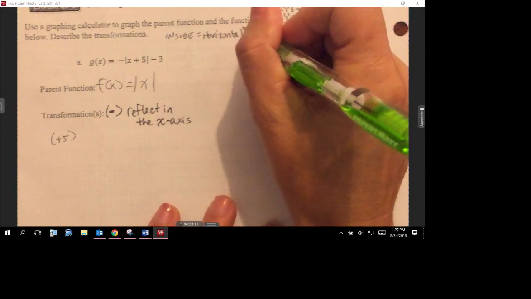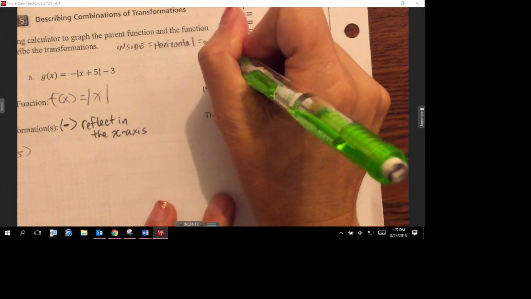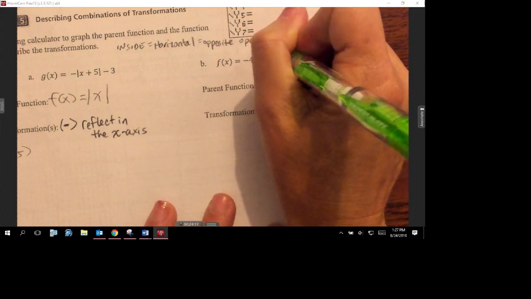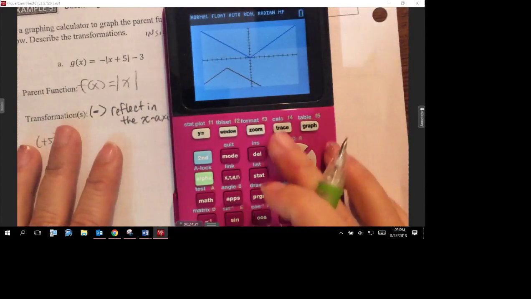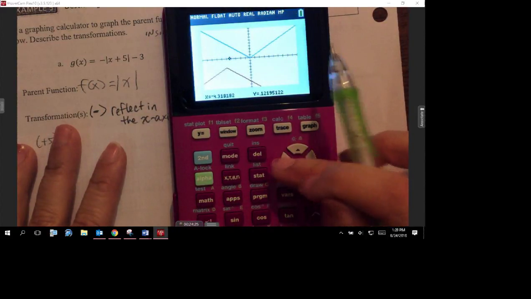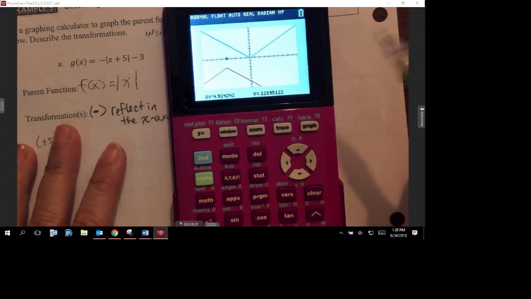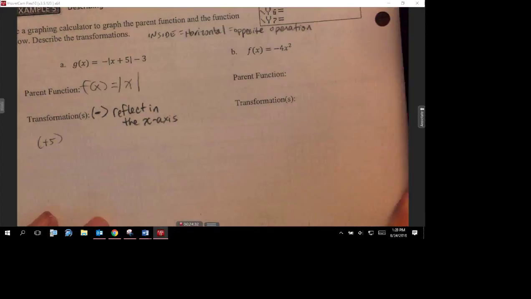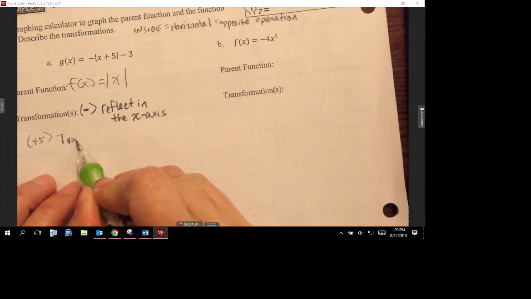And anytime we have horizontal, it's the opposite operation. And then if we're not sure, we can also look at our graph. Yeah, this has moved left 5 units. So translate left 5 units is what that plus 5 is doing.